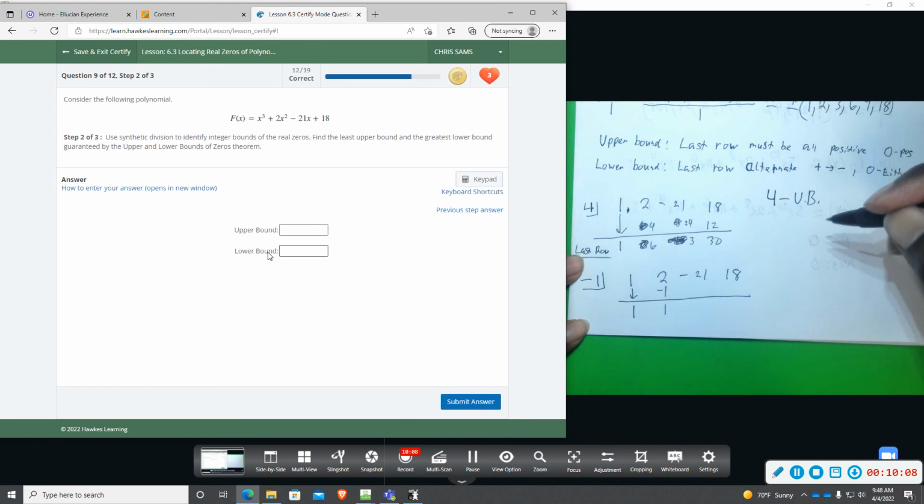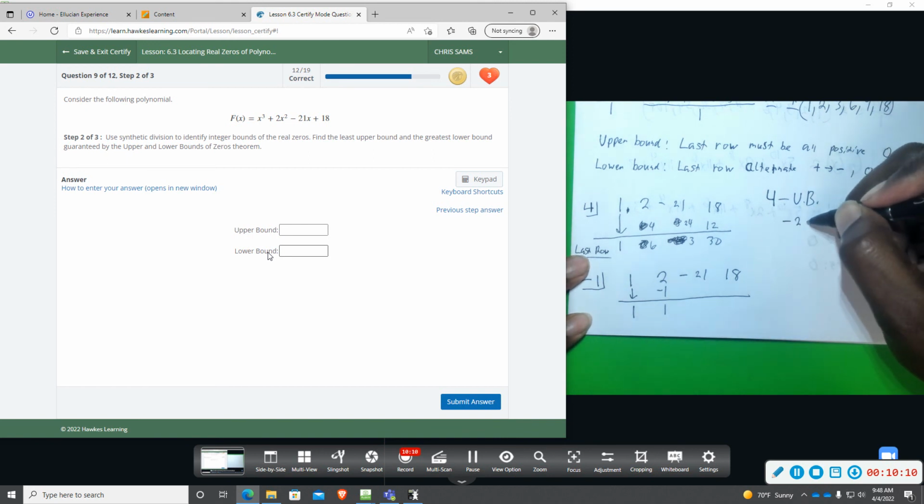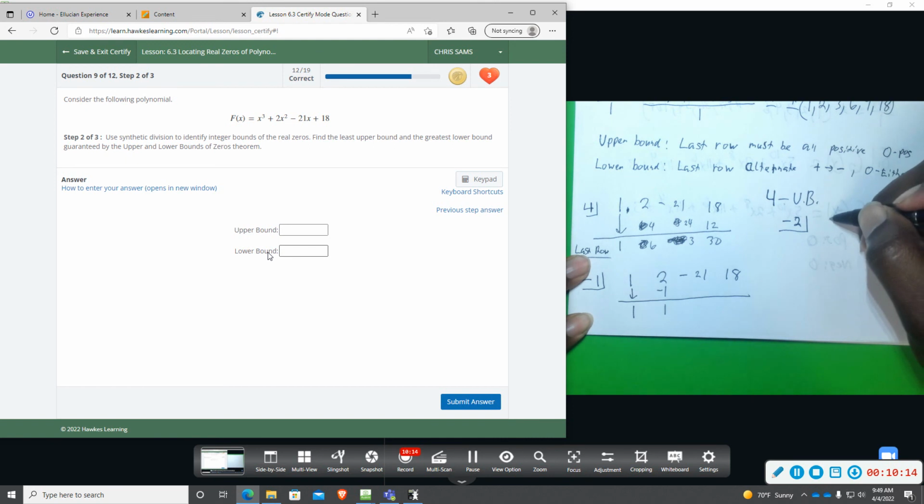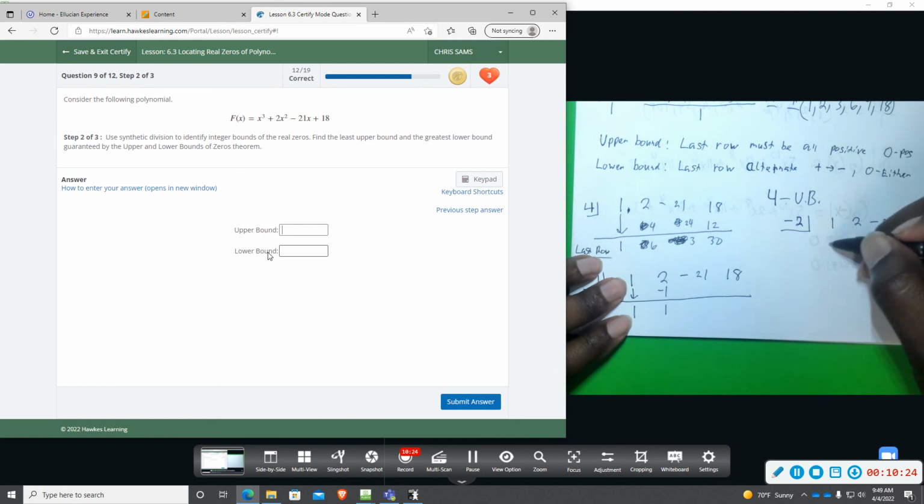So let me try negative 2. Negative 2. And I'm going to do my original. So 1, 2, negative 21, and then 18. So we're going to try negative 2 now. So bring down 1.